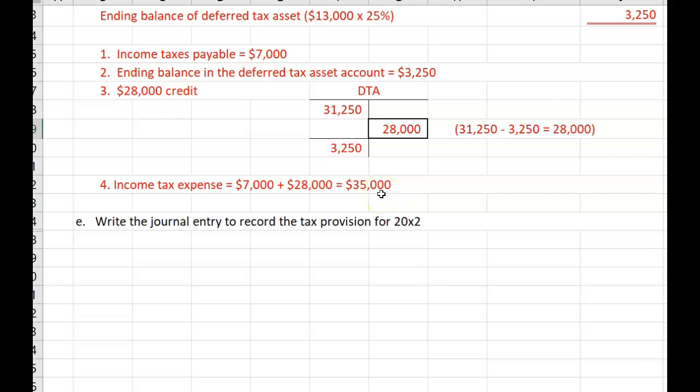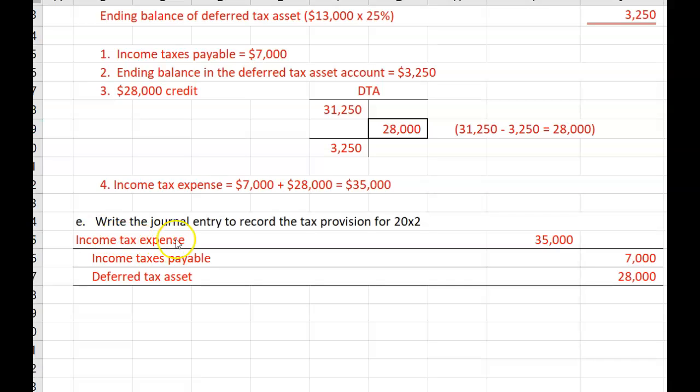So go ahead and write the journal entry to book the 20X2 tax provision. Debit income tax expense, $35,000. Credit income taxes payable, $7,000. Credit deferred tax asset, $28,000.